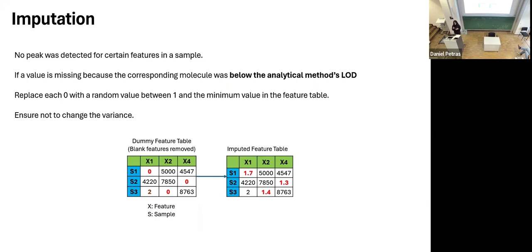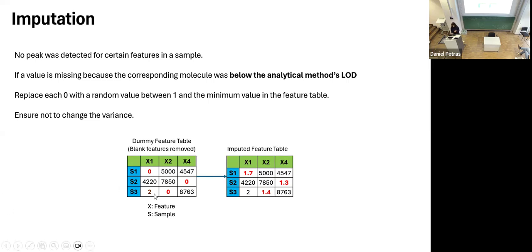For imputation, we have these missing values in this feature table, which could be because the molecule that we are trying to detect was below the analytical method's limit of detection. So the type of imputation we do is we pick the lowest value that is found in the table, and then we generate random values below the LOD and randomly put them in the feature table.